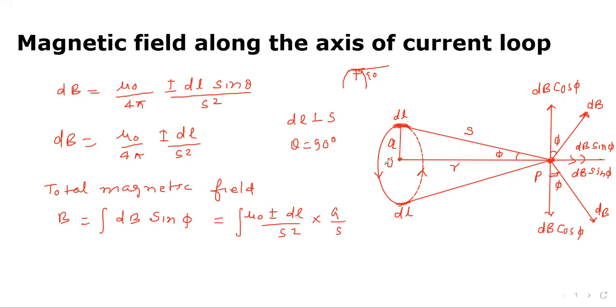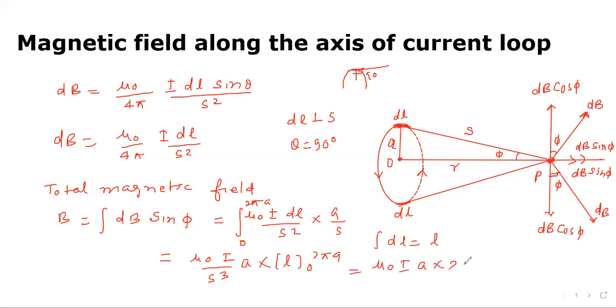Now here we can put the limit from 0 to the circumference of this ring, that is 0 to 2 pi a, and integration of dl will give l, and when we put limits 0 to 2 pi a, we will get 2 pi a. So we write it mu naught I upon s cube times a times integral of dl, limits 0 to 2 pi a. So it gives mu naught I a times 2 pi a divided by s cube.